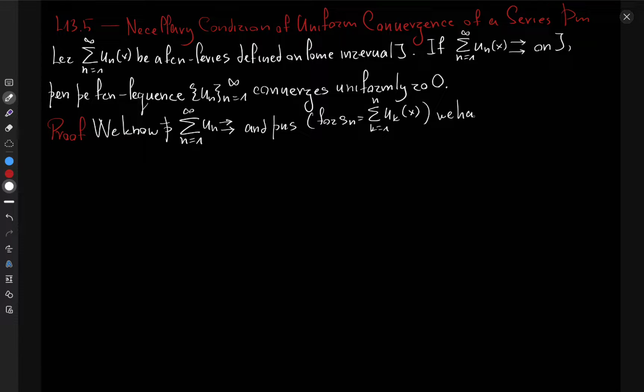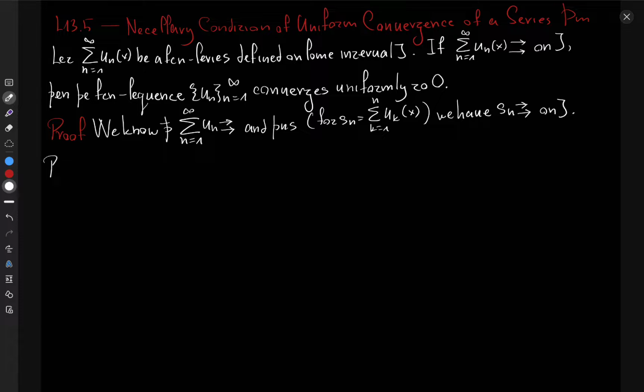We have Sn converging uniformly on J. This is by definition of uniformly convergent series. Alright.